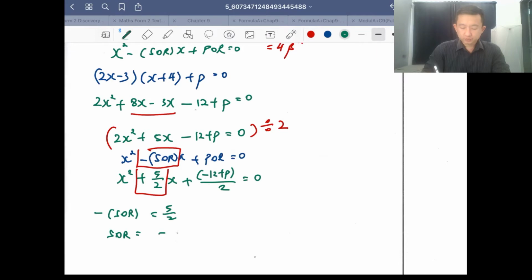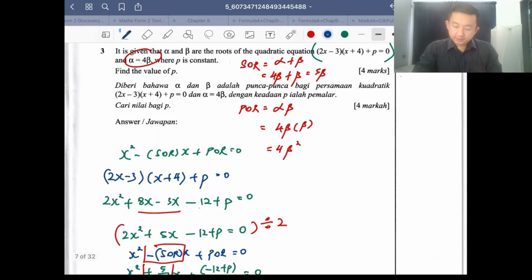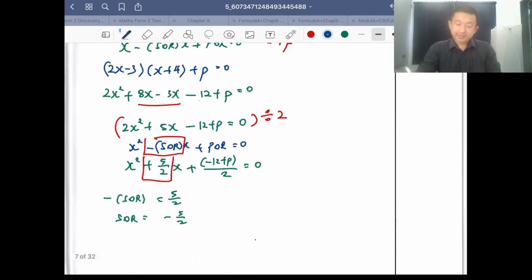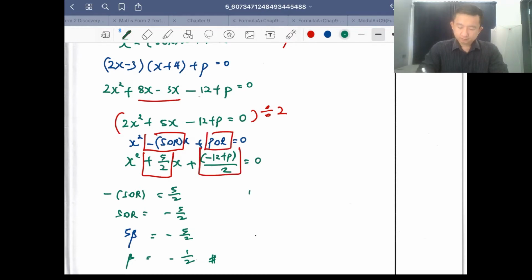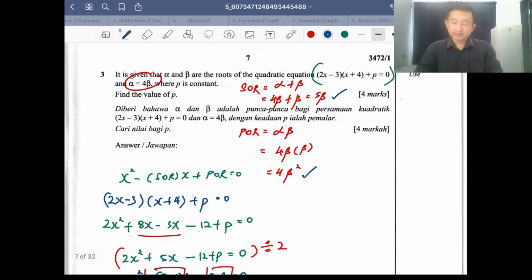SOR equals negative 5 over 2. Do we know SOR? We do, right? 5 beta. We put in. Negative 1 over 2. For p, we are not done. We compare POR. Okay, POR just now what we have is 4 beta squared.